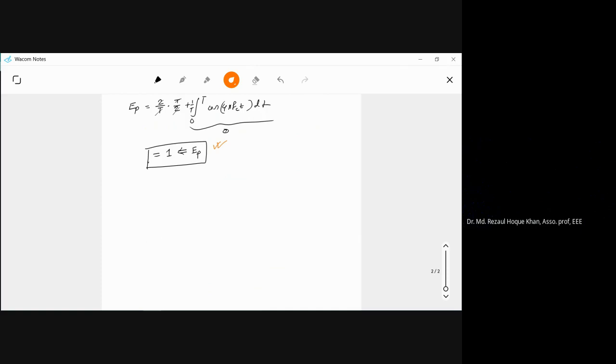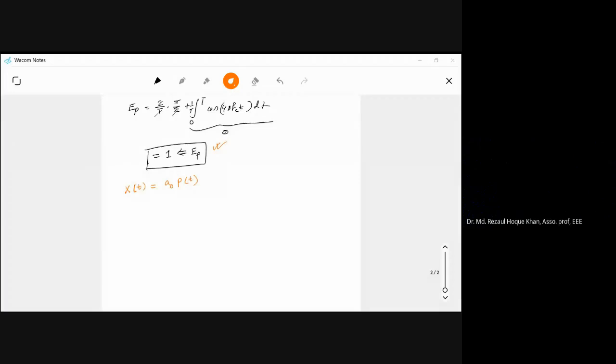Remember our original signal x(t). At the beginning of this course, we started with this signal. x(t) is a0 p(t). We explained this in our signal power lecture, which is our lecture 4.